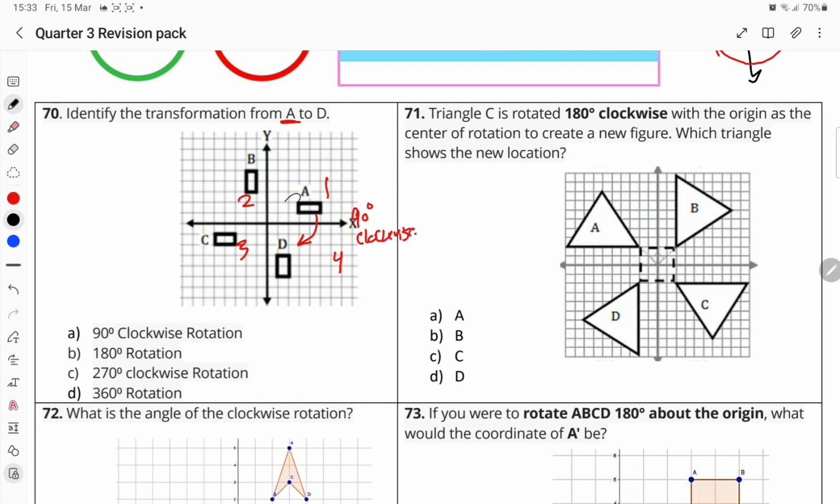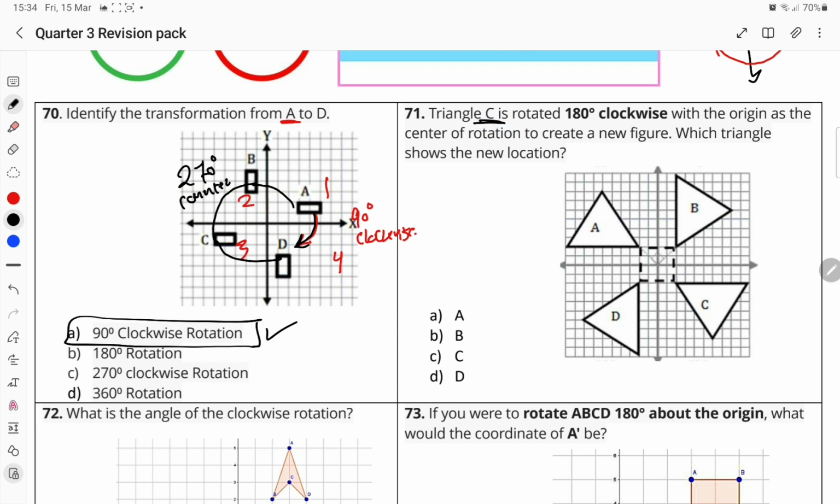If he said counterclockwise, this would be 90 counter, 180 counter, 270 counter. So it is also 270 counter. What are the choices that you have? 90 clockwise, so yes, it's correct. It moved from A to D 90 degrees clockwise with the clock direction.